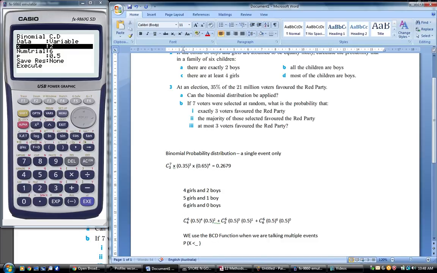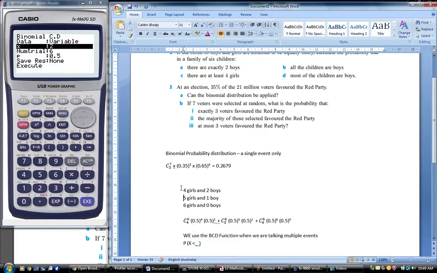So what we're saying is if there's 4 girls, then the most boys that we could possibly have in this whole circumstance is 2. So what we're effectively calculating is the probability that the number of boys is less than or equal to 2. So we're calculating the case when there's 0 boys, 1 boy, and 2 boys. The reason we flip the question around is because the BCD function only calculates probabilities for less than or equal to.